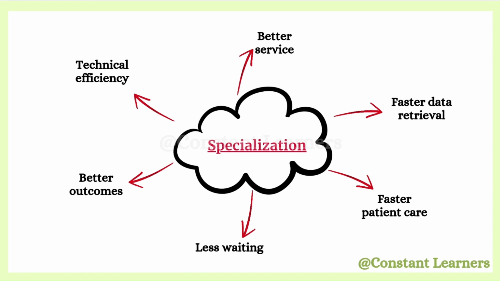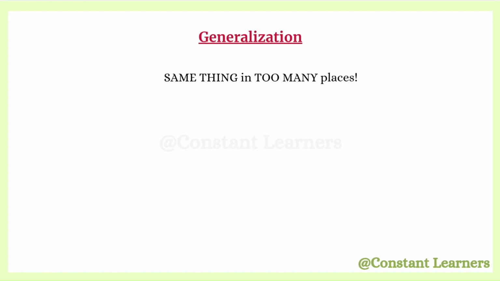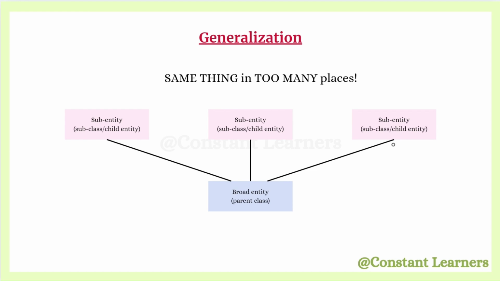Now let's flip the script. Alright, because sometimes the problem isn't that you have too much in one place, it's that you have the same thing in too many places. So generalization works in reverse, identifying common features across entities and creating a parent entity. So the process of extracting common features from two or more entities and creating a new general entity, that is, a superclass or parent class.